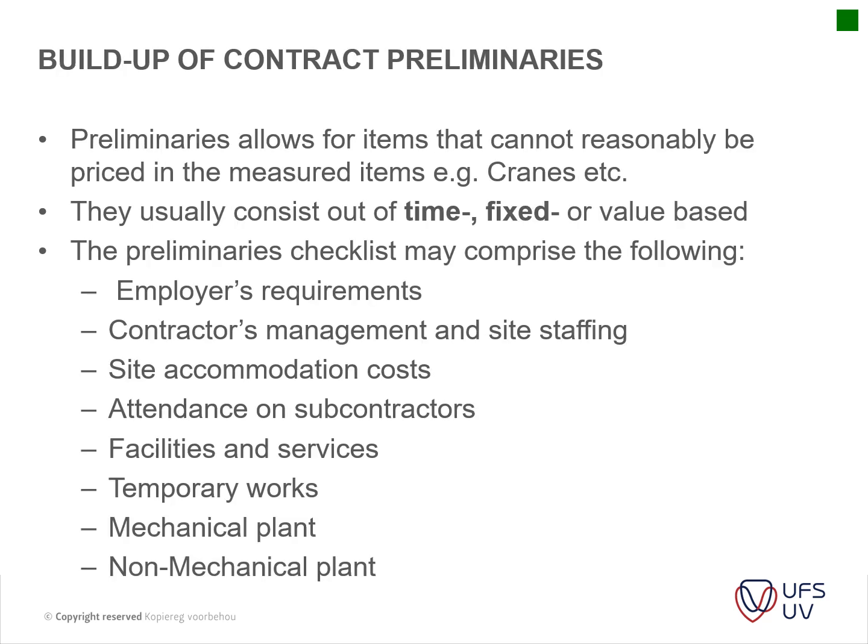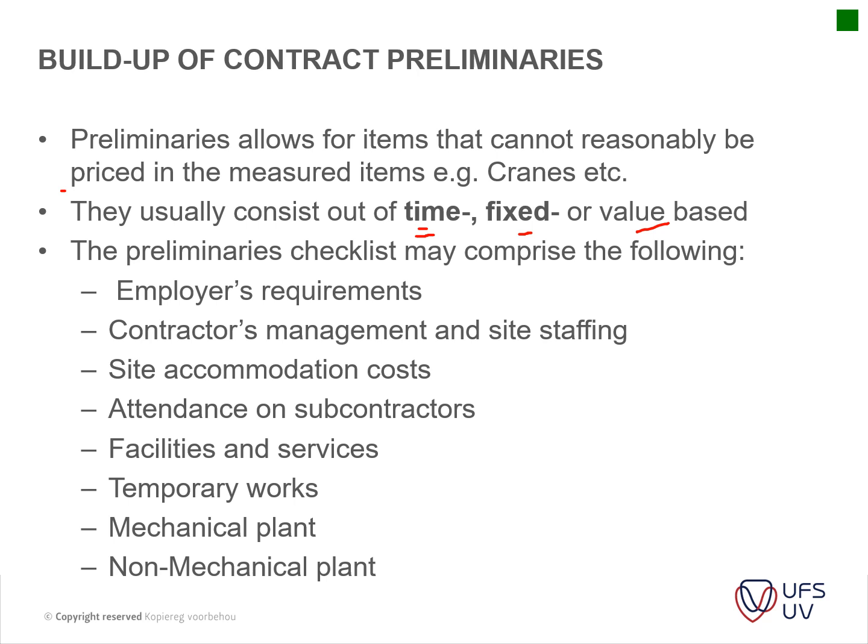Okay, the build-up of your contract preliminaries. Preliminaries allow for items that cannot reasonably be priced in the measured items, for instance the cranes that I've spoken about. Your preliminaries usually have time items, fixed items, and value-based items. Your time items might be your insurance and upkeep of site offices.